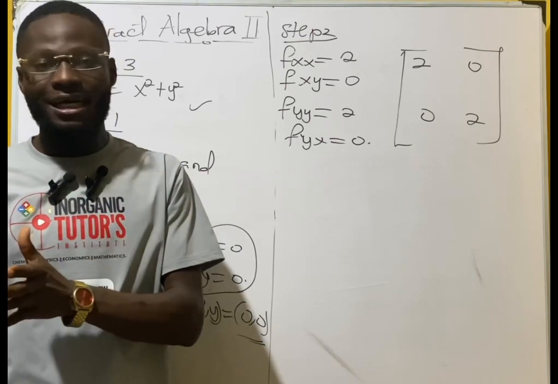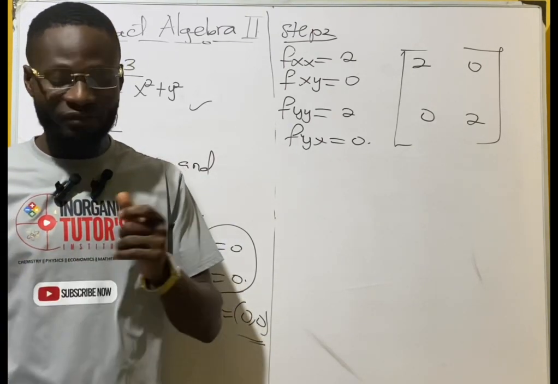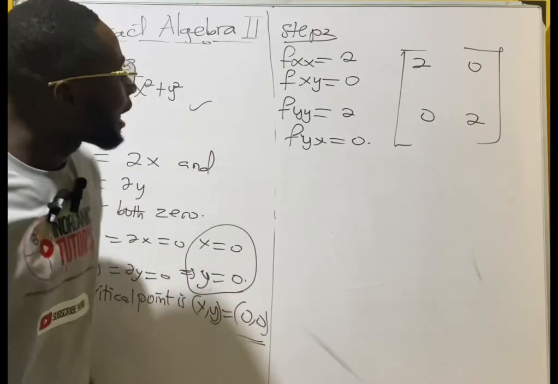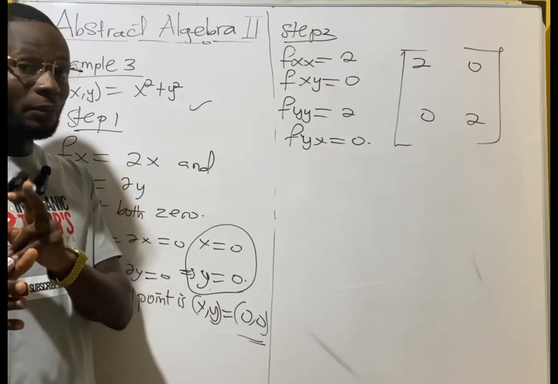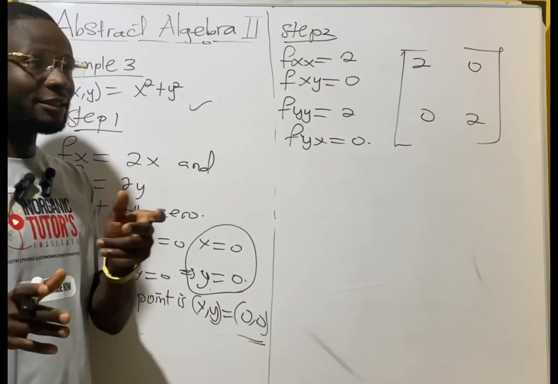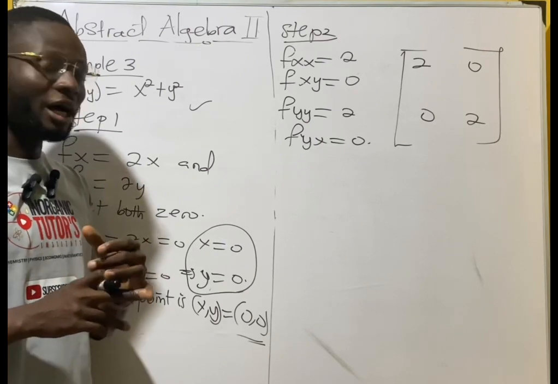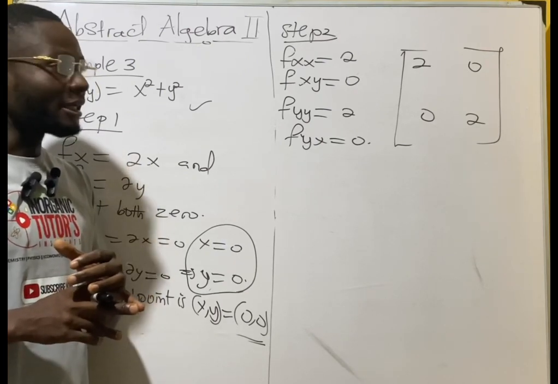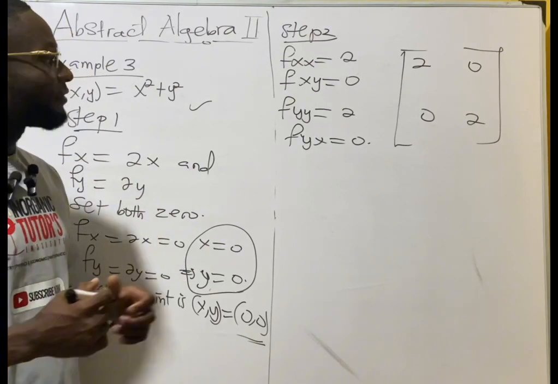To know whether it is minima, maximum, or saddle point, we have to check the what? The eigenvalues. We have two approaches, right? We have where we can use the determinant, and we have where we can use the eigenvalues.